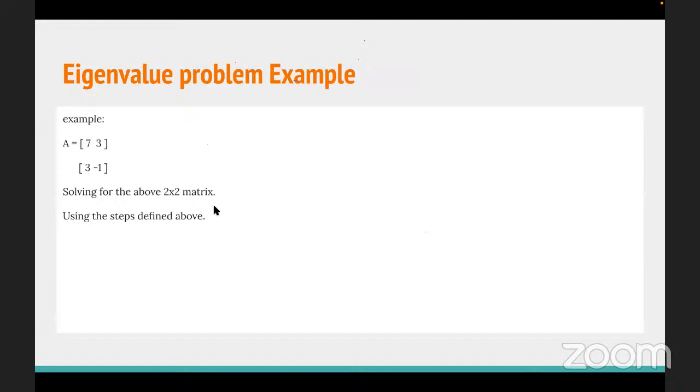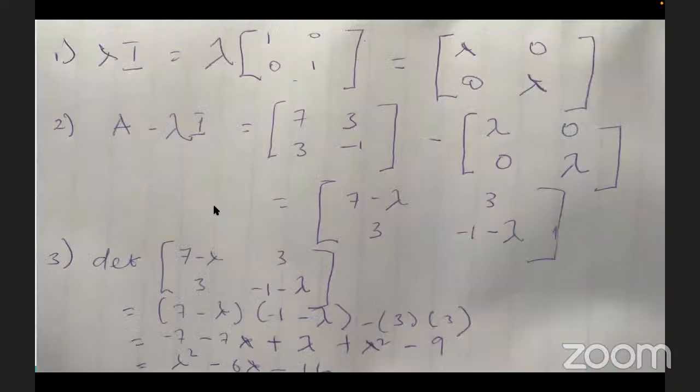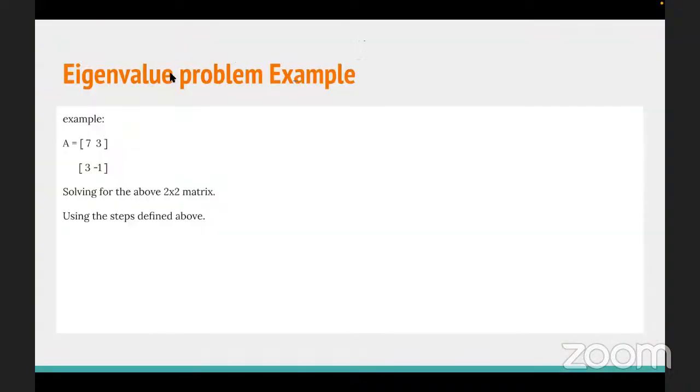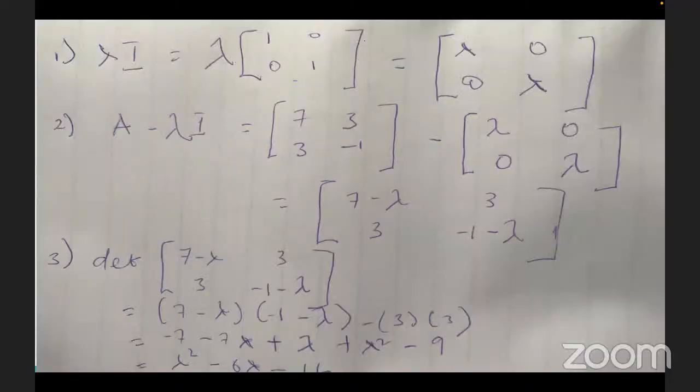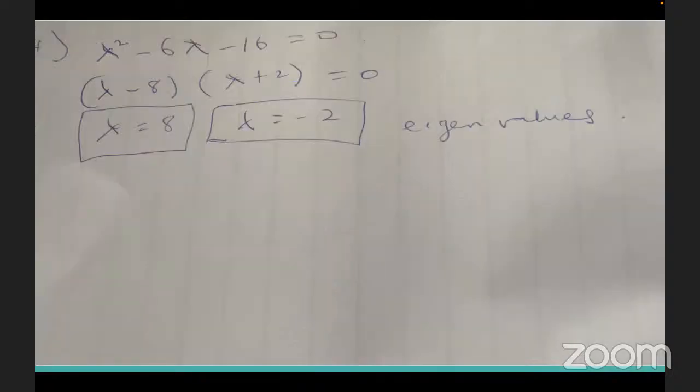Now, I have this 2 by 2 matrix, and I want to solve for its eigenvalue using the steps above. I had to do it on paper and put it on my slide, so please pardon my writing. All right, step 1 says we multiply an n by n identity matrix by the scalar lambda.